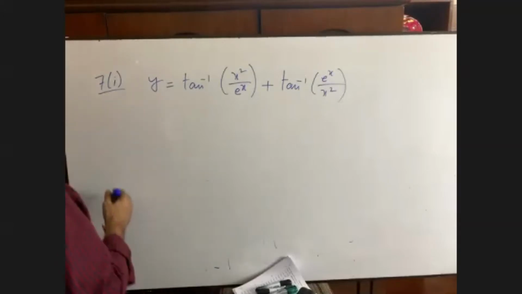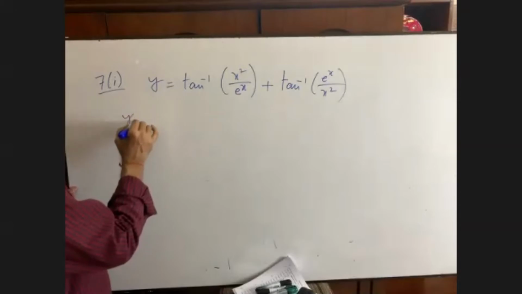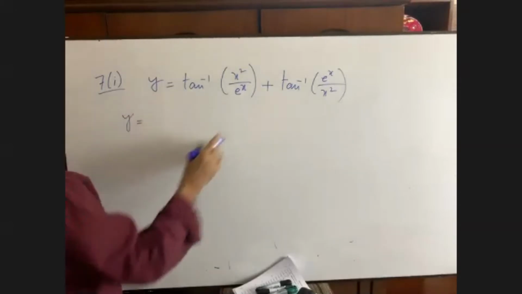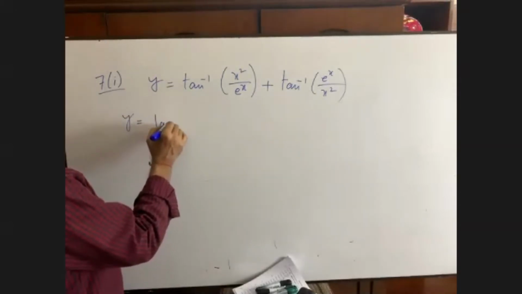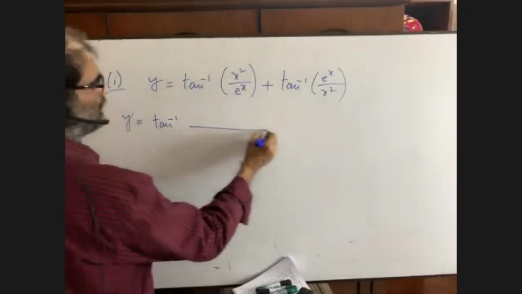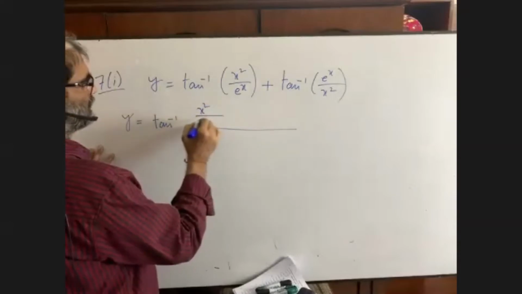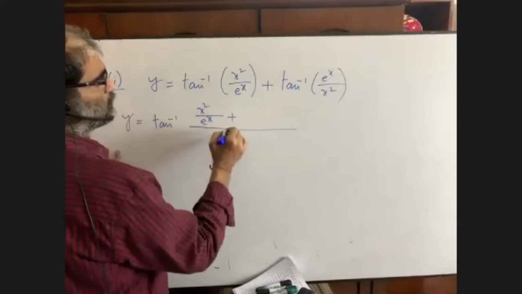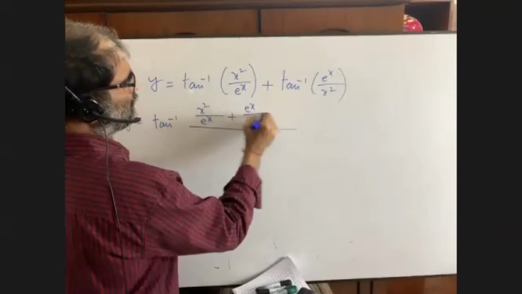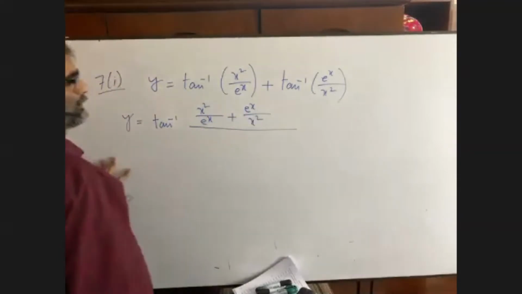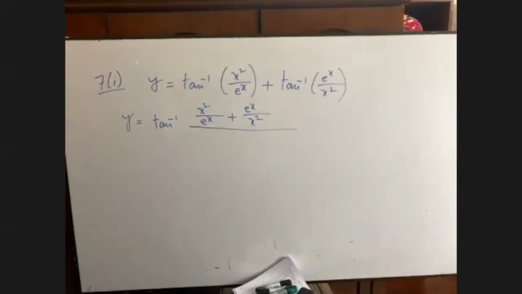Now you see, we can write here y equals to, what is the formula? Tan inverse x plus tan inverse y, this is x, this is y. Right? Talk to me.